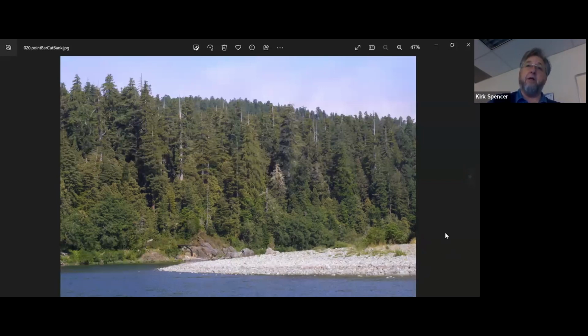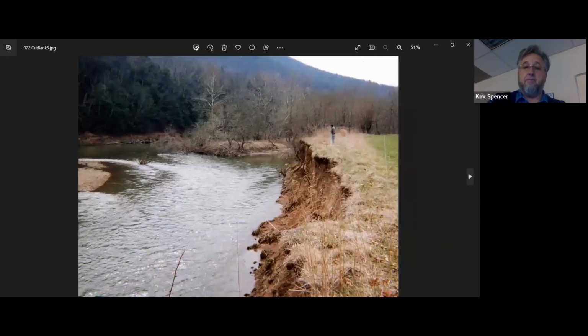It's on the inside of the bend. Inside the bend is a point bar, where the water slows down and sediment drops. Outside the bend is called the cut bank. You can even see how it's eroding the dirt.